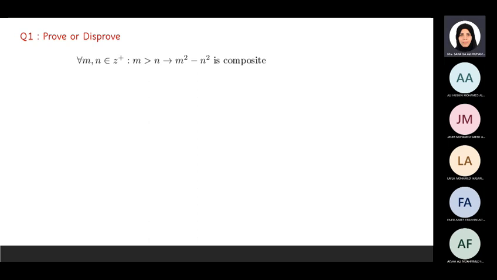What do you think? Is this true or false? Try small numbers. You will find if it is true or false.